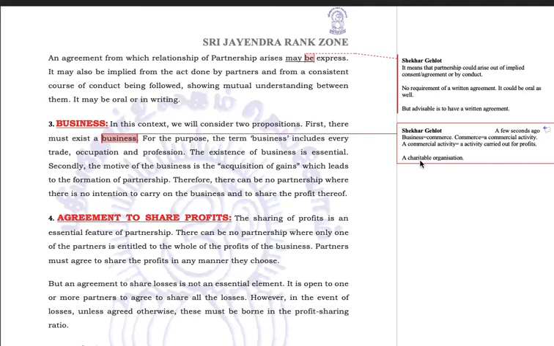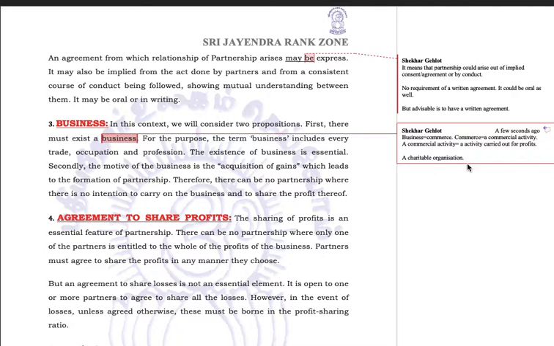It may bring home some loss as well, no issues, or it may bring home only losses. It won't relinquish its character of partnership simply because it is bringing a lot of losses. But the intention was to bring home some profits.